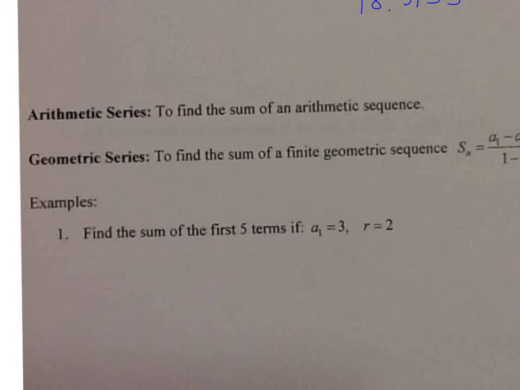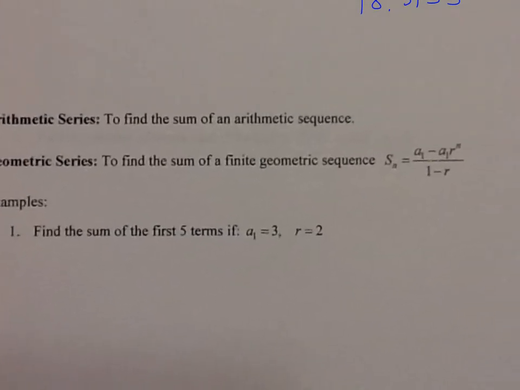So the formula for an arithmetic series is S sub n is equal to n times a sub 1 minus a sub n over 2. Now, of course, you don't necessarily have to use this formula. You could write out all the numbers and then just add them up. But it's sometimes easier to use this if you have a lot of numbers.